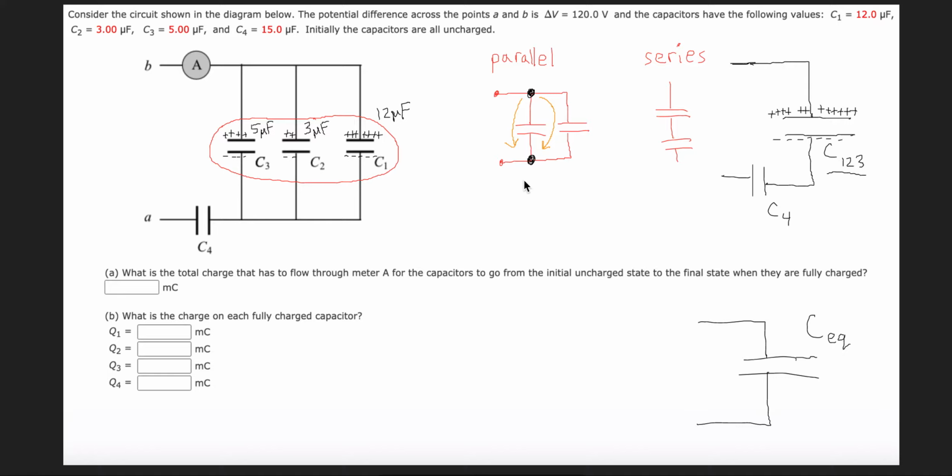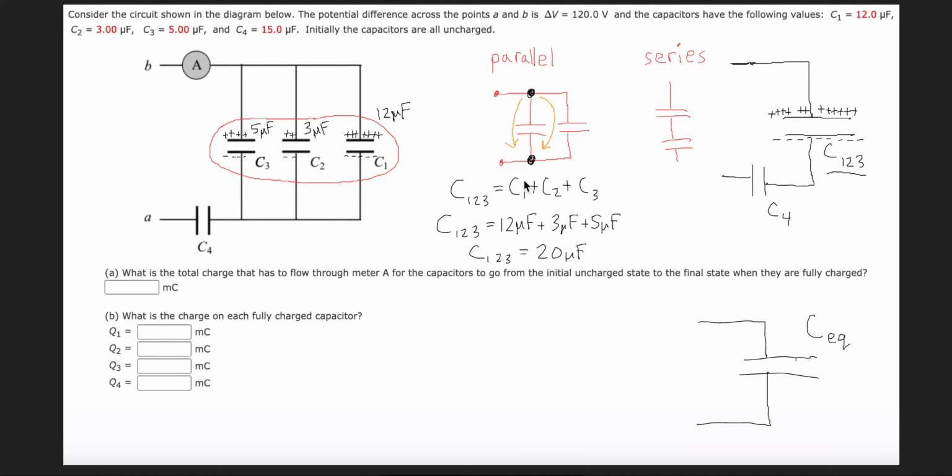The rule for parallel capacitors is to take the original capacitances and add them. So our C123, therefore, is going to be 12 microfarads plus 3 microfarads plus 5. It's a total of 20, it looks like.